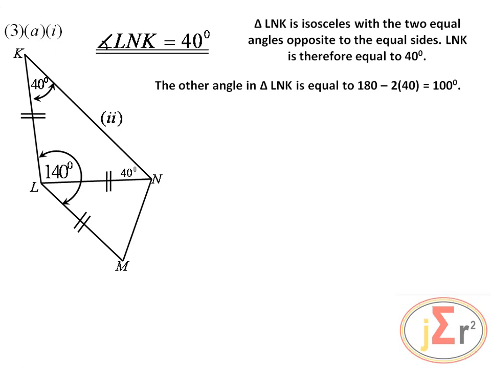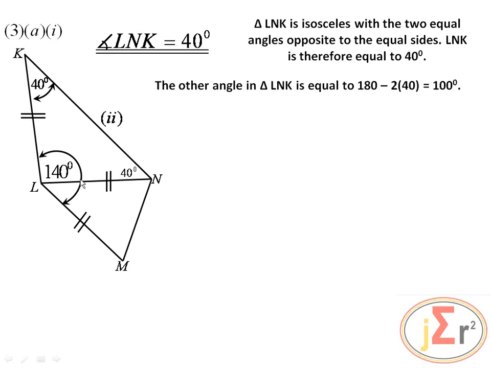Right? And we are required to find, in this case, angle NLM. This one. So the angle is located at L. The entire big angle is 140 degrees. So we are trying to find now the angle here.